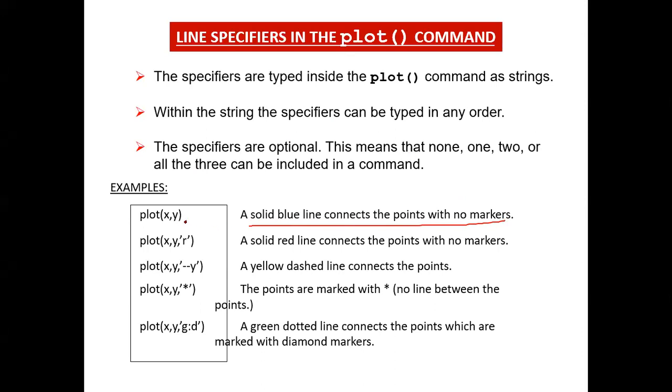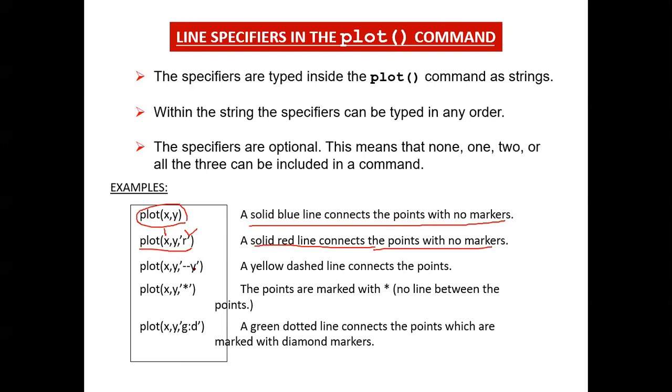We can write plot of x comma y, then add the solid line in red color. No marker means we can write plot x comma y and r, where x comma y represent the x-axis and y-axis, and r specifies the red color.